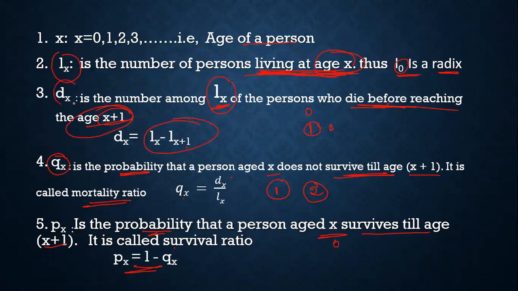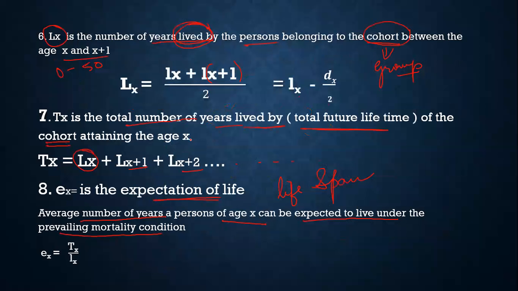We have to find the number of persons who died before reaching the age x plus 1. The formula they have given is Dx is equal to Lx minus Lx plus 1.